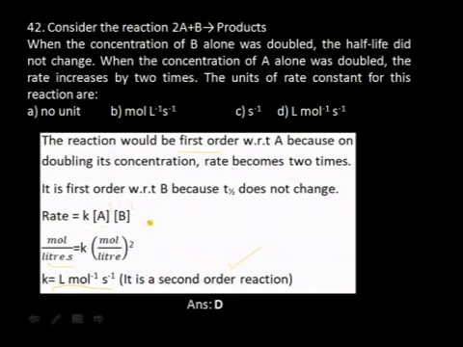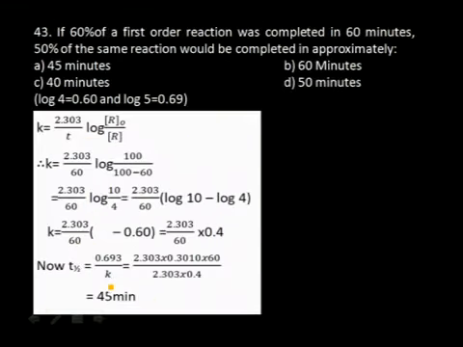Overall order of the reaction is 1 plus 1, that is equal to 2, and hence the rate constant of this second order reaction will have the units liter per mole per second. We shall move on to question number 43.